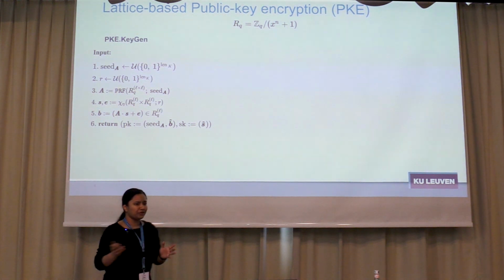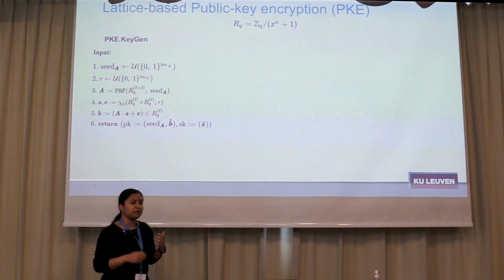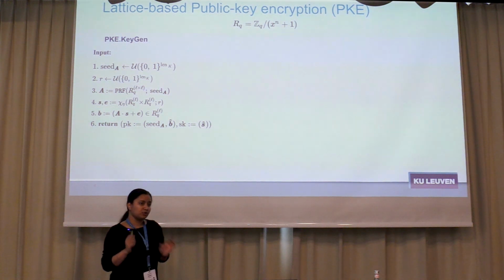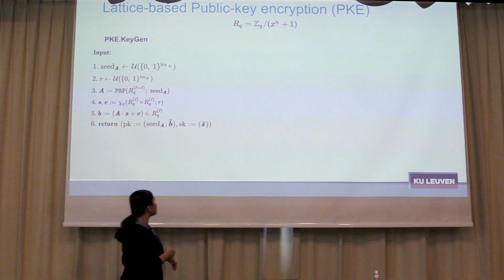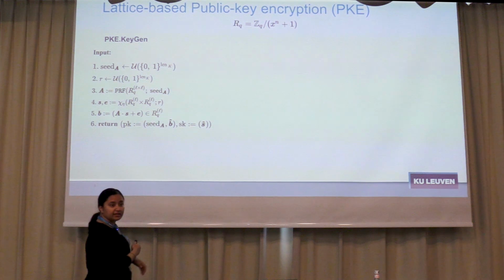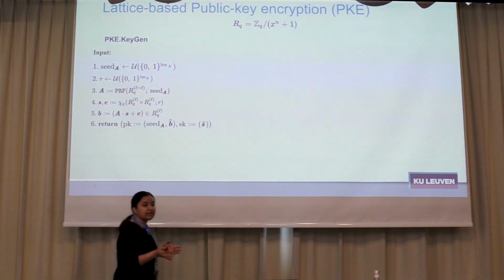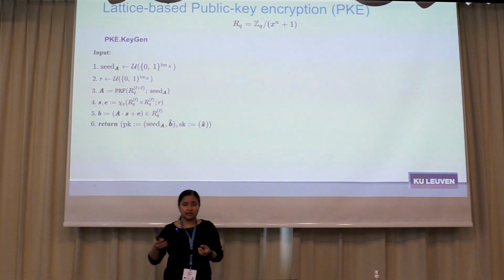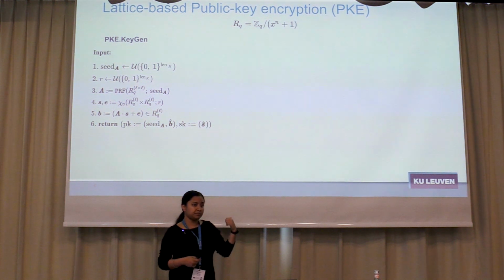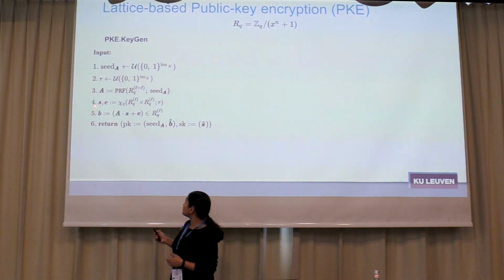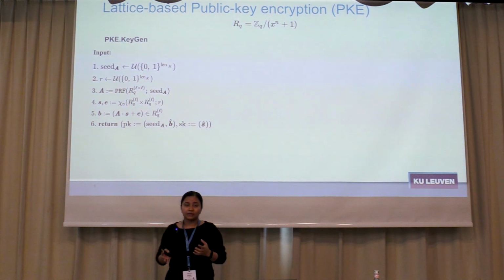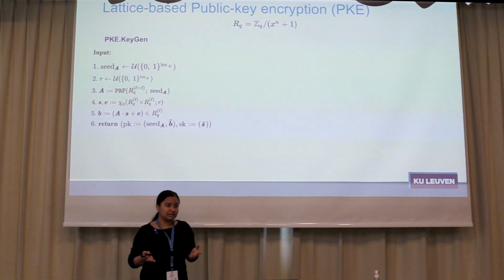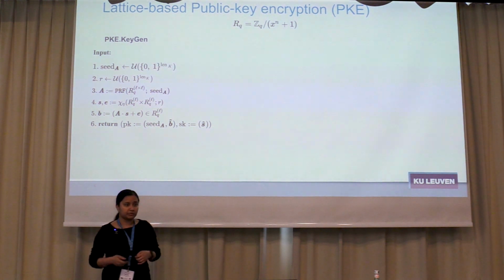For an LWE-based scheme, we need a known public matrix, a secret, and an error vector so that we can create an LWE sample. So A multiplied with S plus E, where A is public and B is the result. When A and B are public, if we don't know E, then we don't get S. It's a hard lattice-based problem.